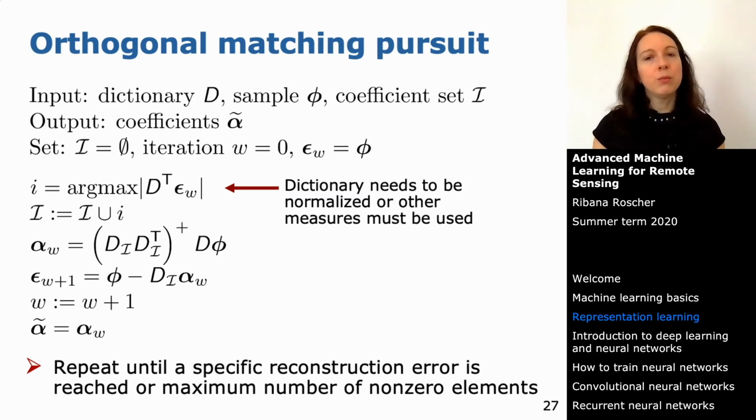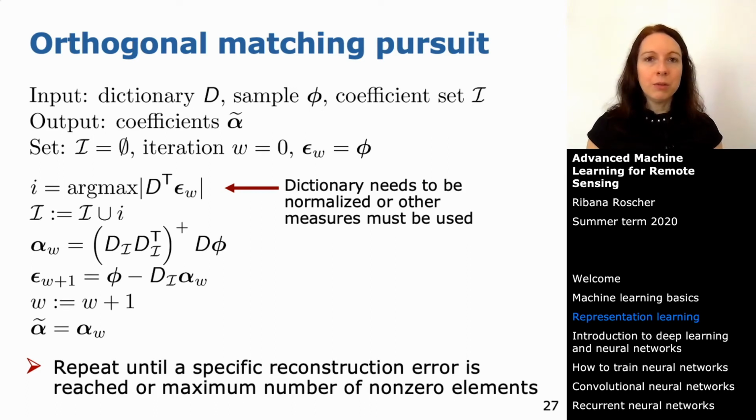As an output, you want to have your estimated weights, and these are the weights of the linear combination. So you will end up with an activation vector, and in the beginning the coefficient set is empty, your iteration is set to 0, and the reconstruction error is exactly your signal, because you do not have anything reconstructed yet.